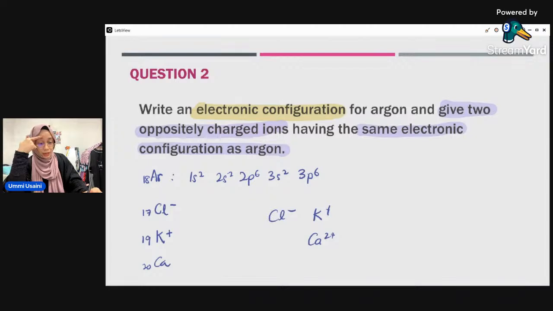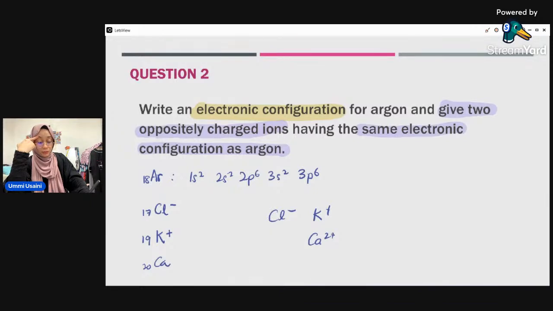Okay, and then what else do we have? What are another example of anion yang kita boleh bagi kat sini? Anyone? Okay, so I'll give you a clue.